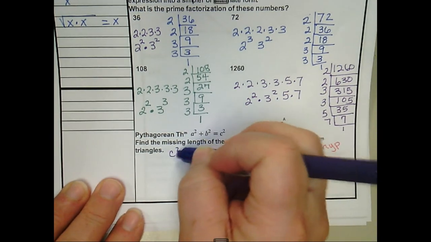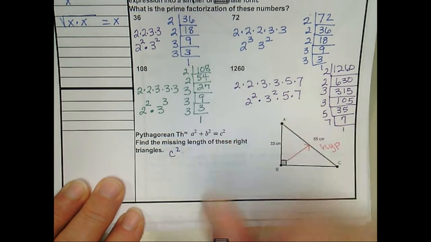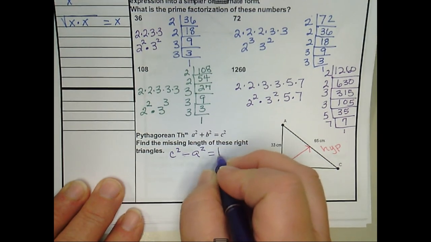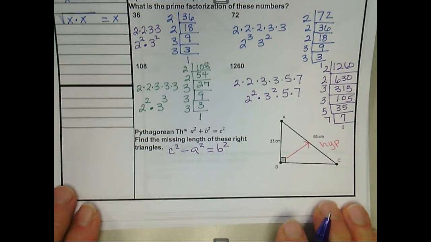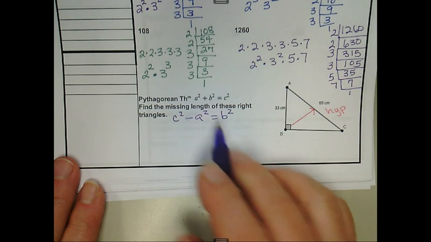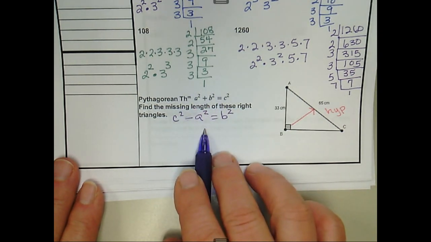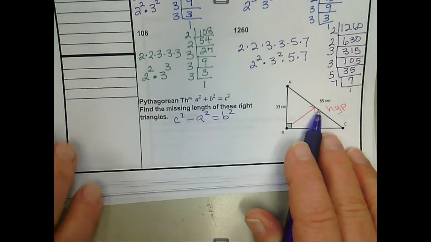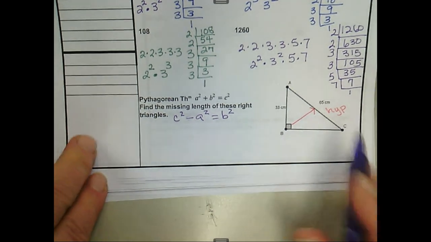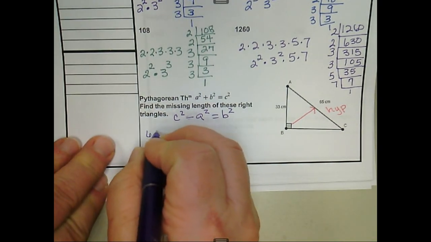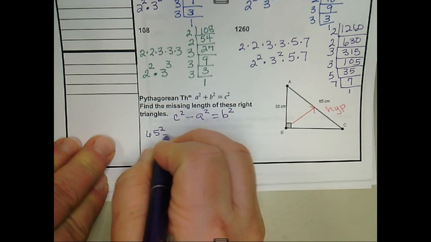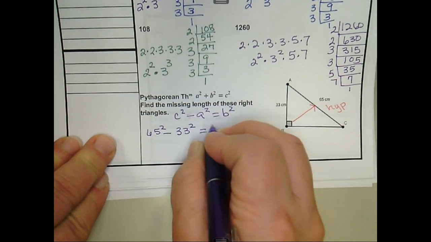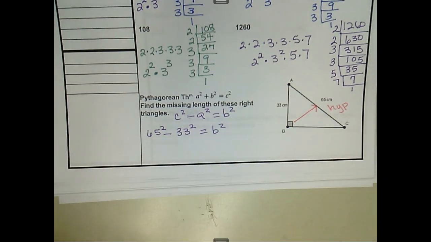So C squared minus A squared is equal to B squared. I'm going to change this around so that I've got the right formula. So C squared, that will be 65 squared minus 33 squared is equal to B squared.